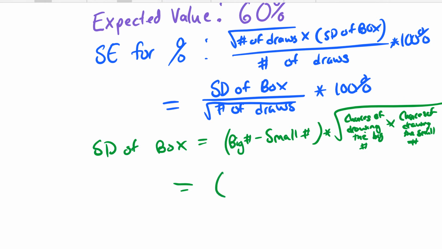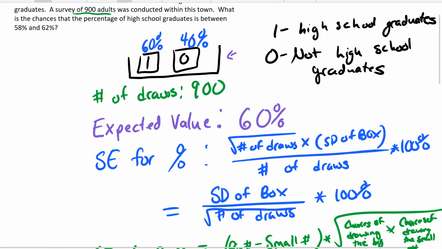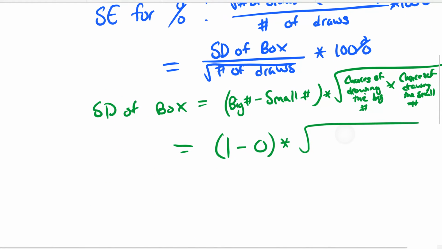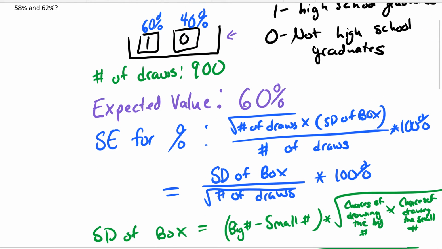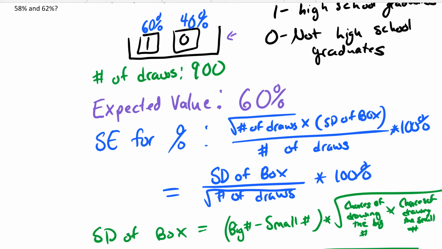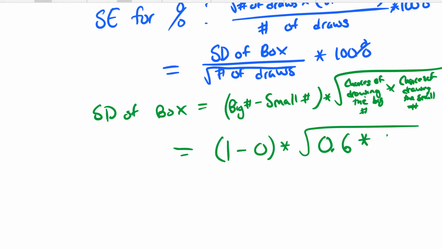In this case, the big number is 1, the small number is 0, and the chances are the percentages of numbers in the box. So since 60% of the box is 1, the chance of drawing a 1 is 0.6. Here, make sure you're using decimals. The chance of drawing a 0, well, that's 40%, but we want to write that in decimal format, so that is 0.4. So this is 1 times the square root of 0.6 times 0.4.